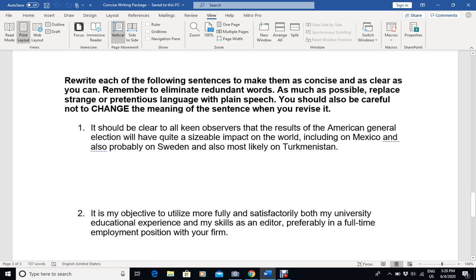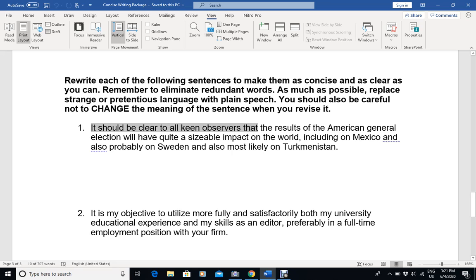Now, there's an even bigger problem in this part. It should be clear to all keen observers that, well, this is really a framing phrase. This is something that's been thrown on to the beginning of this sentence to try to make it seem more confident, maybe.